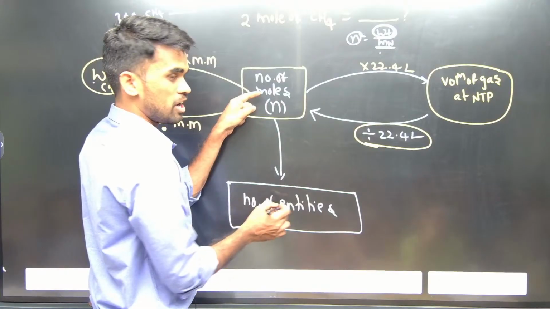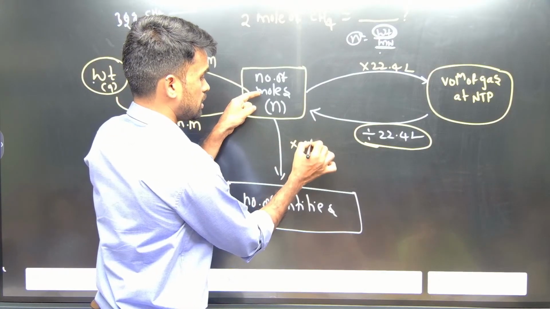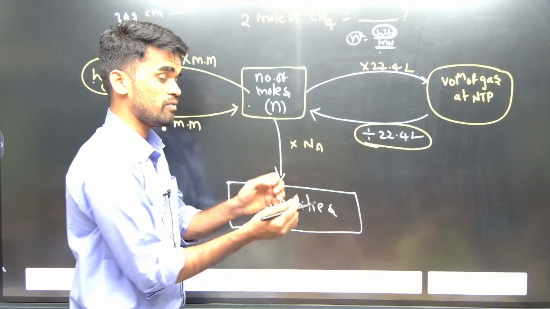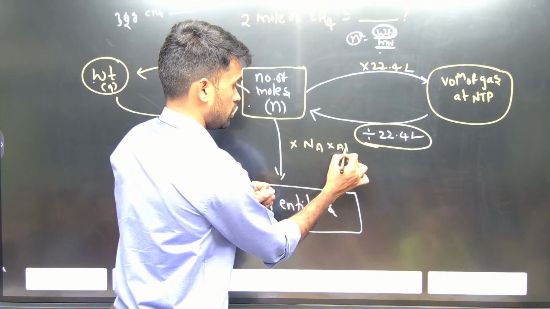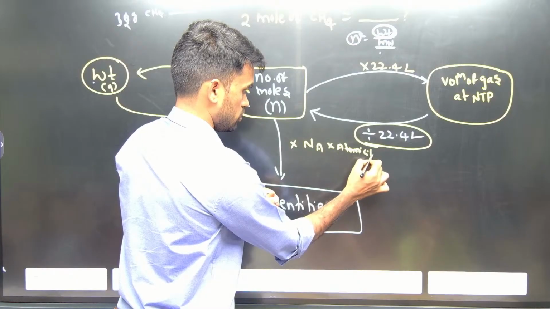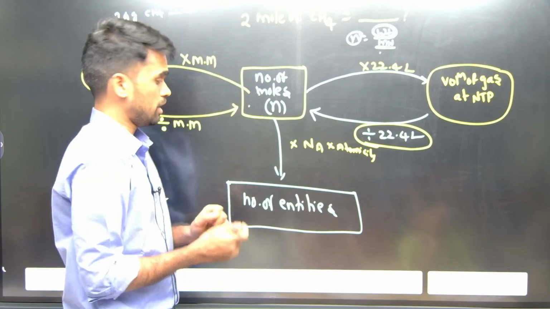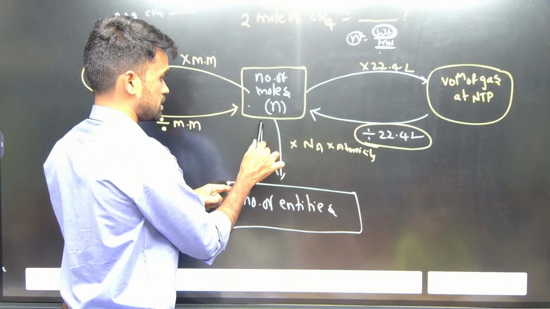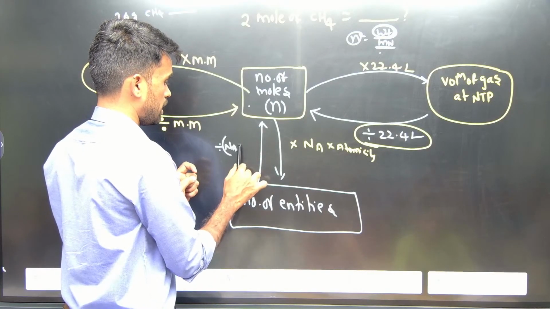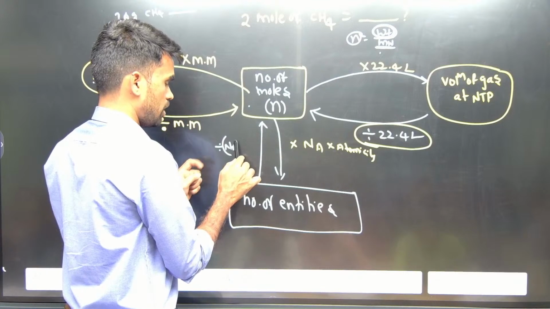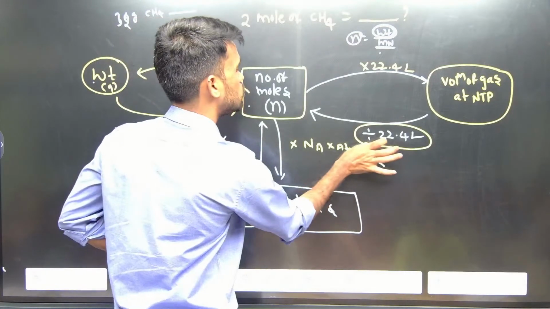So if I give the number of moles, you just multiply it with Avogadro number. If I want to include atoms also, multiply it with atomicity also. Now if I give the number of particles and ask for moles, divide that with Avogadro number and atomicity. See, atomicity you write directly.